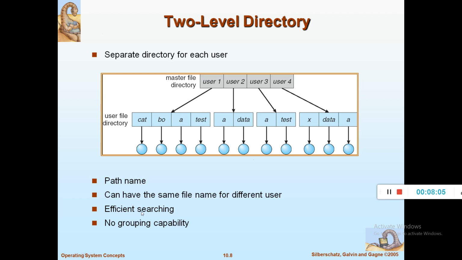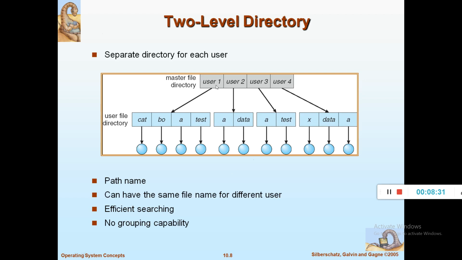Another advantage of the two level directory structure is efficient searching. You can easily get access to the files. If the user wants to access the files, they can directly access their part of the area, and under that directory he or she can get the files easily. But the problem we face with this structure is no grouping capability.